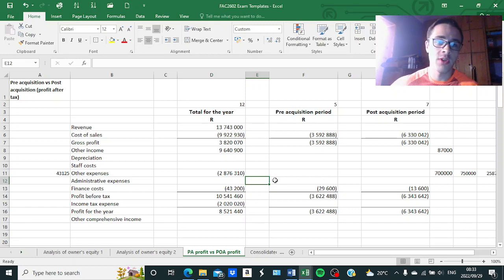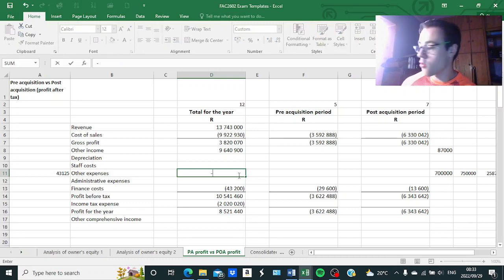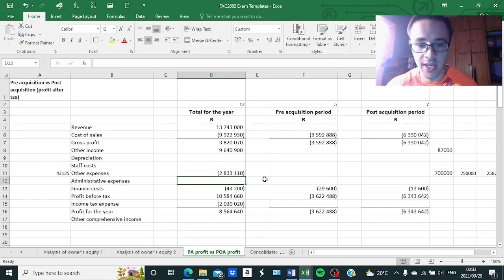Because remember that the 43,200 is included in this amount, and we must show it separately. So therefore the actual amount for other expenses will be 2,833,110 Rand. That is the actual amount for other expenses, because 43,200 was finance costs.